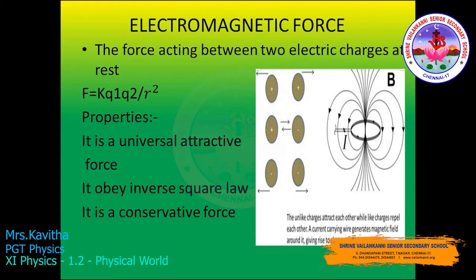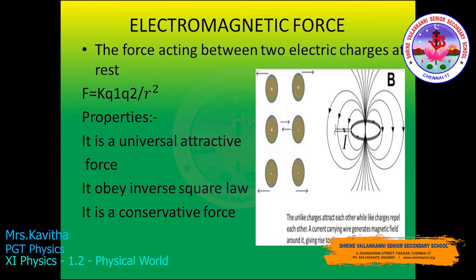The force acting between two magnetic poles is called magnetic force. In fact, electrostatic and magnetic forces are closely interrelated. For example, a moving charge produces a magnetic field. We know that. Also, a magnetic field exerts a force on a moving charge.